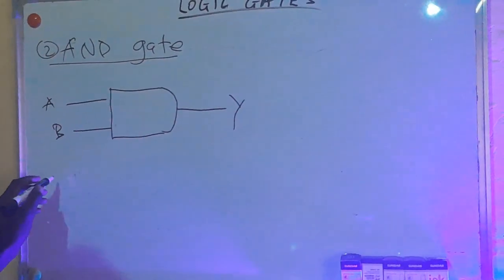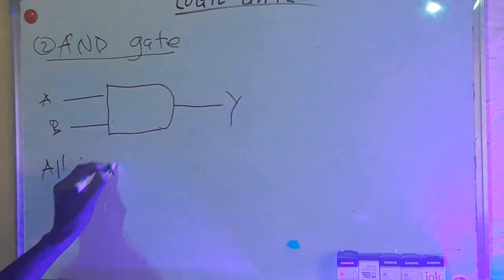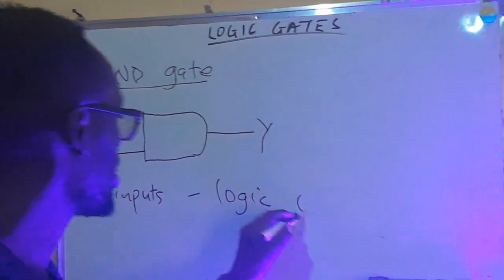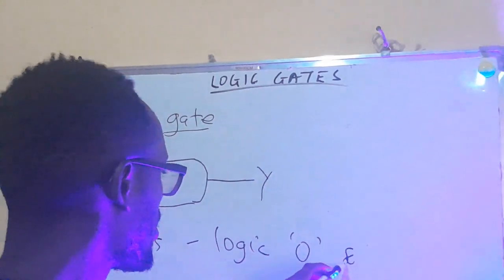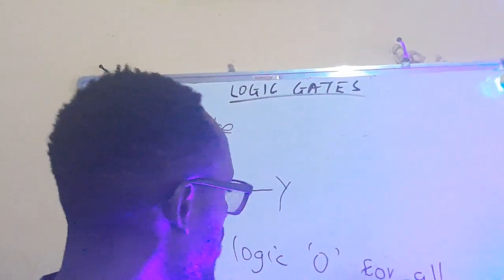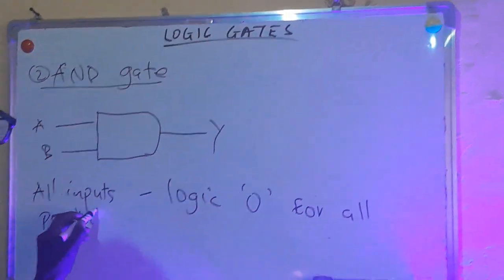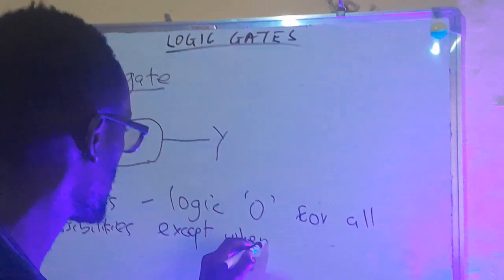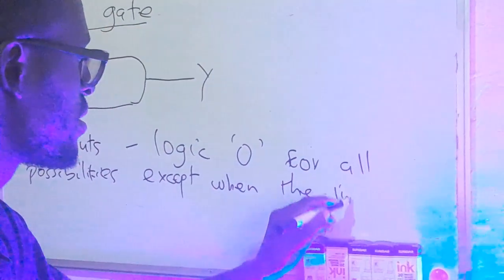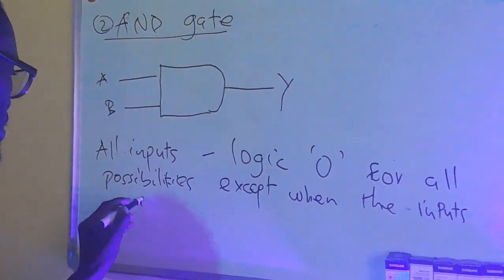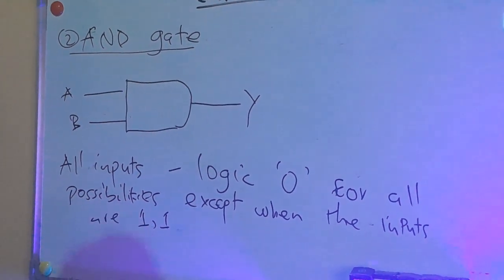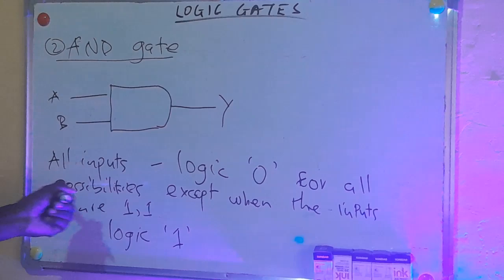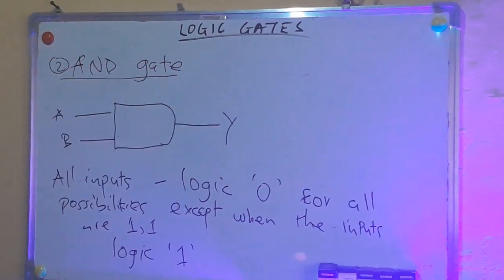For all inputs into the AND gate above, you will get logic 0 for all possibilities except when the inputs are 1, 1. When the two inputs are 1, 1, you'll get logic 1 as the answer. For all the other possibilities, you'll get logic 0. So that is the AND gate.